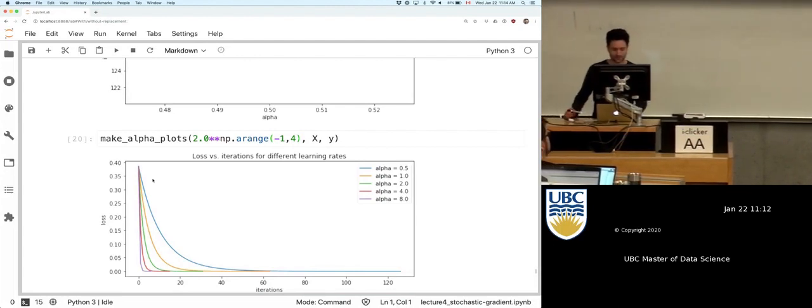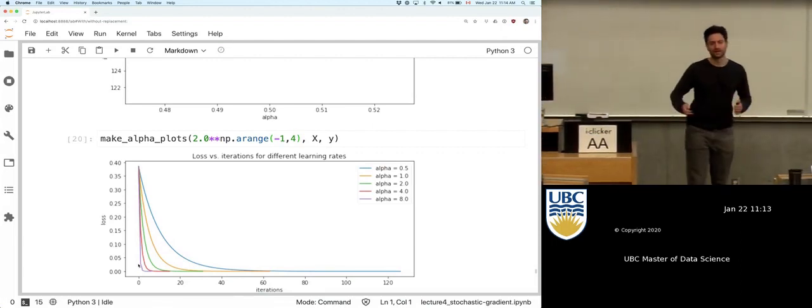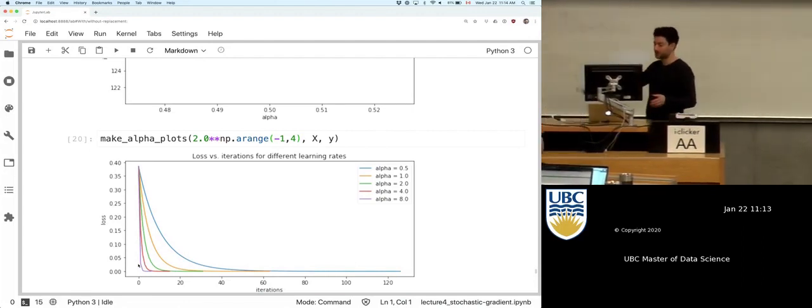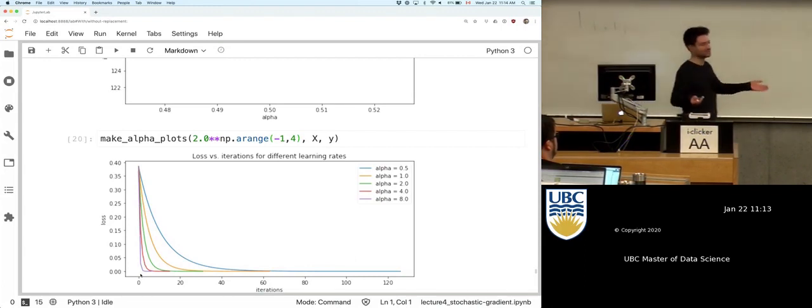And what you can see here is that in this problem, if I increase the learning rate from 0.5 to 1 to 2 to 4 to 8, things seem to be getting better and better. As I make bigger steps, I just get where I'm going faster. Because if the loss goes down really fast, that's the best case scenario.